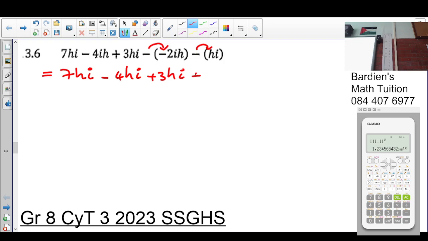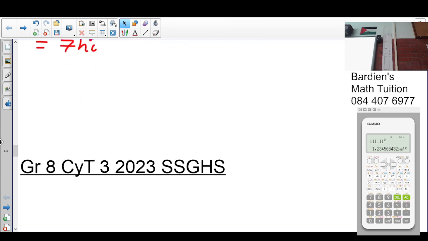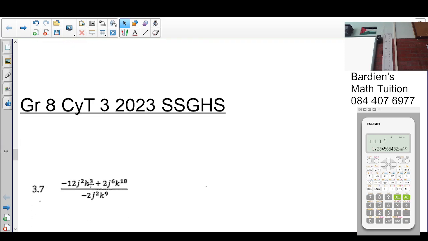Negative times negative is positive 2hi minus hi. 7hi minus 4hi, 3hi plus 3hi, 6hi plus 2hi, 8hi minus hi will be 7hi. You will agree with that? So any confusion there? Right. The next one.